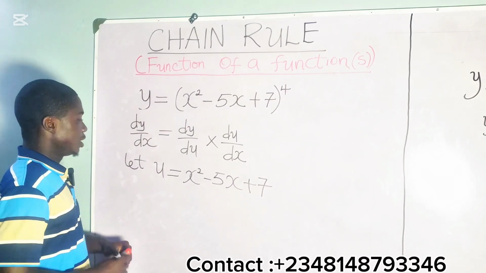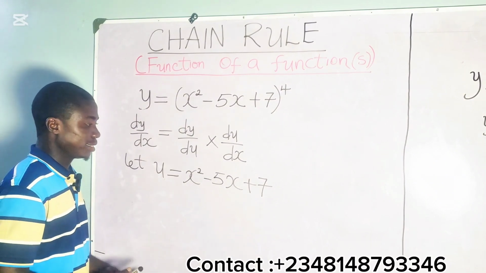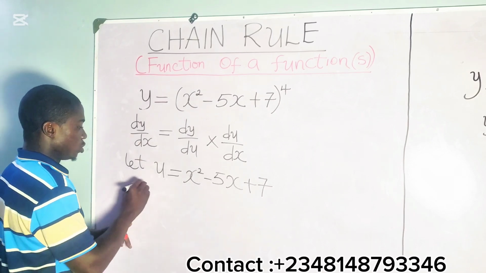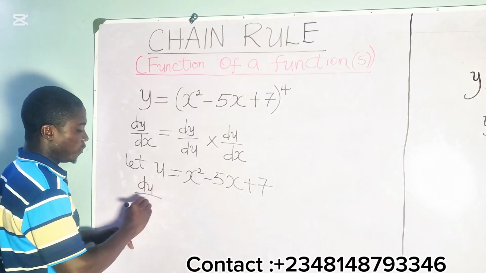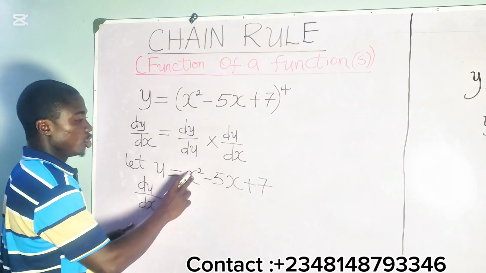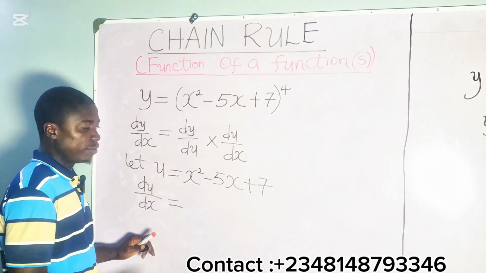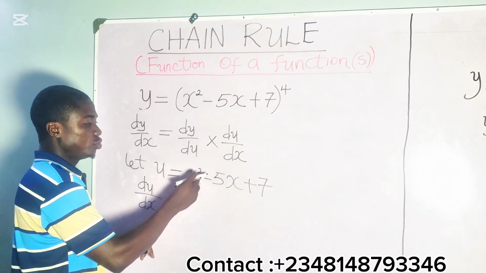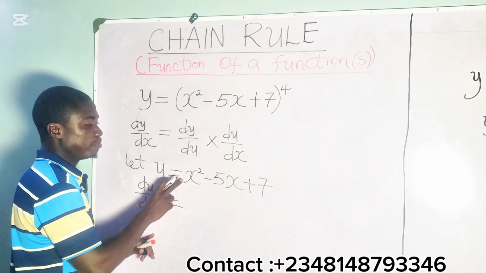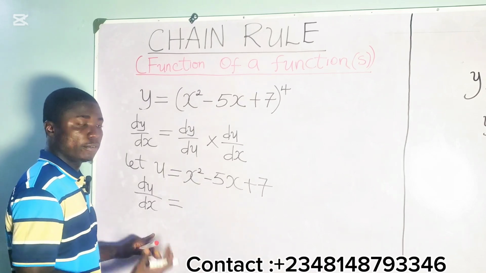Alright, so what's our next task? Our next task is to differentiate u with respect to x. So du over dx is equal to, if you differentiate x raised to power 2, what will you have? You multiply x by its power, which is 2, and then subtract 1 from the power of x.